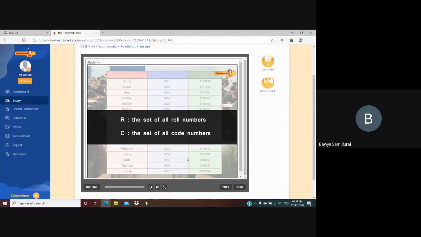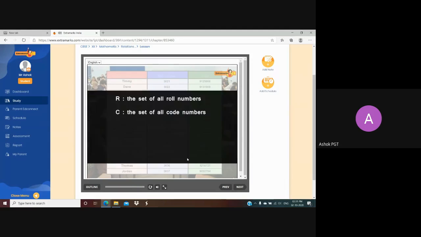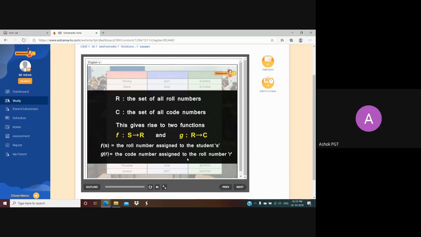Let R be the set of all roll numbers and C be the set of all code numbers. This gives rise to two functions, f such that S is mapped to R and g such that R is mapped to C, where f(s) is equal to the roll number assigned to the student s and g(r) is equal to the code number assigned to the roll number r.